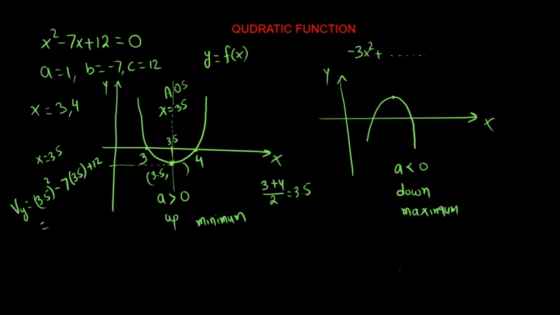Now use your calculator, and whatever you get is the y value of the vertex, and that number will go here. So now you have x value of the vertex, y value of the vertex, that is the coordinate of the vertex.